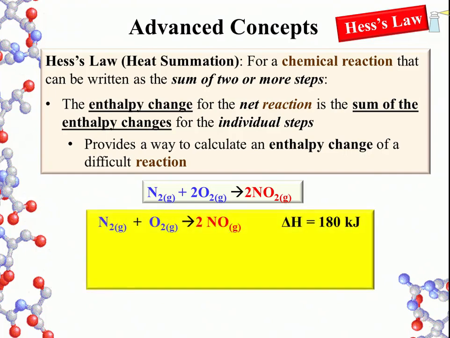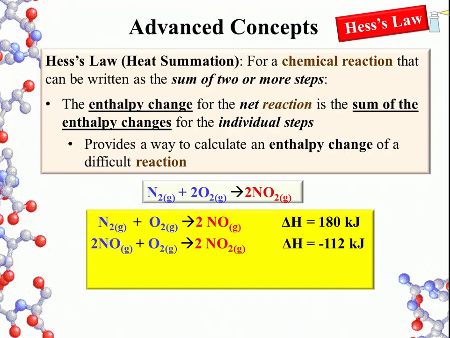We were, however, able to find an enthalpy change for a similar reaction, in which nitrogen monoxide, NO, was produced, and an enthalpy change for a second reaction, in which nitrogen monoxide was a reactant and nitrogen dioxide was a product.